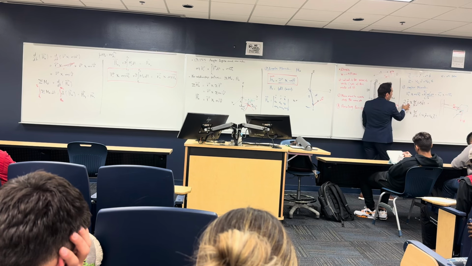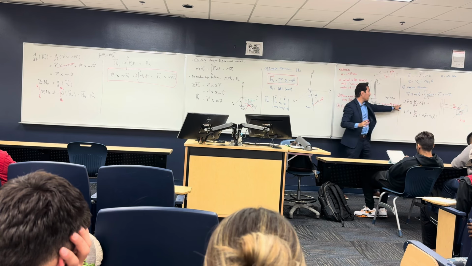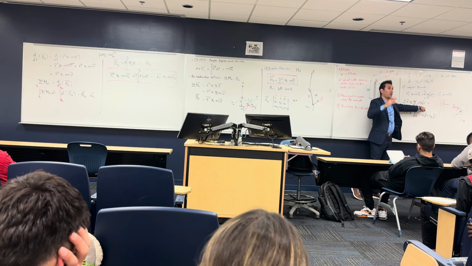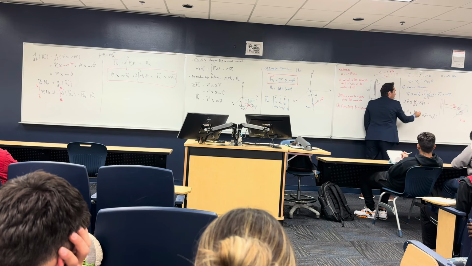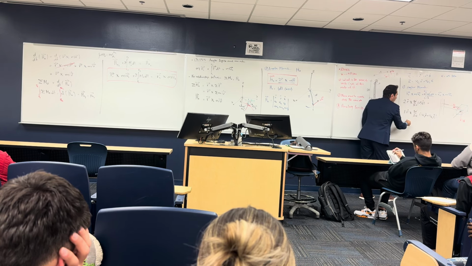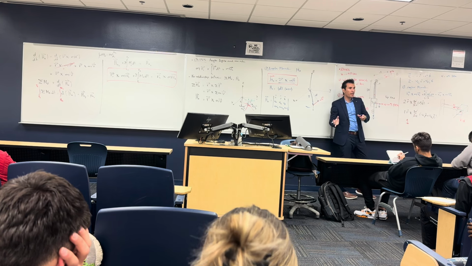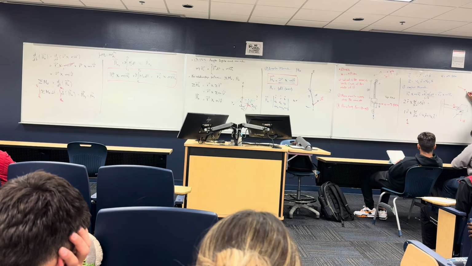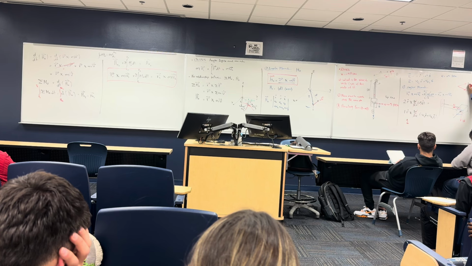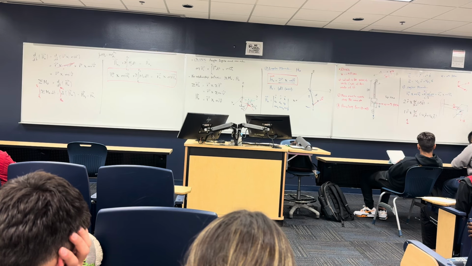So you'll end up with 2 R hat multiplied by 0.5 theta hat. If I did this product, what is the magnitude and what is the direction? The magnitude is 2 multiplied by 0.5, which is equal to 1, right? And what is the direction? If you multiply R hat by theta hat, Z, right? If this is R and this is theta, they are both perpendicular to each other, so you will have the k hat direction.